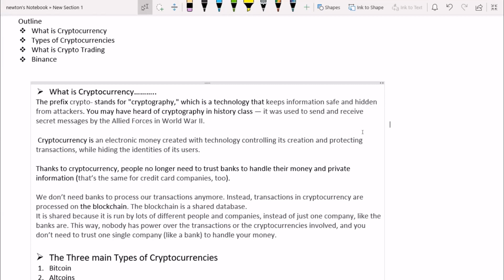Now, all of this grammar, what are we trying to say? We are simply saying that we can transact between each other without the identity of both of us transacting coming to light. And this transaction takes place with the speed of light. So that is cryptocurrency.